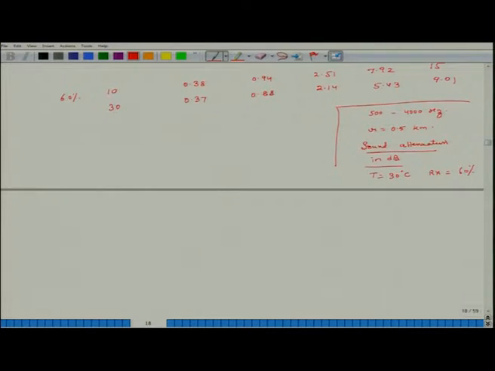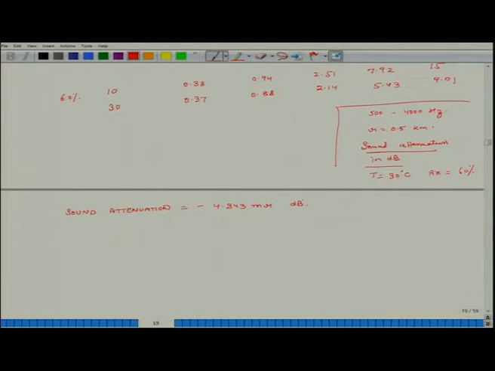So what do we do? Sound attenuation equals minus 4.343 times MR, in decibels.